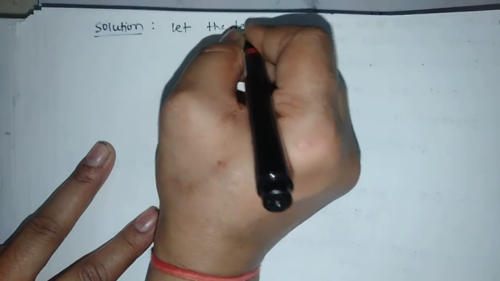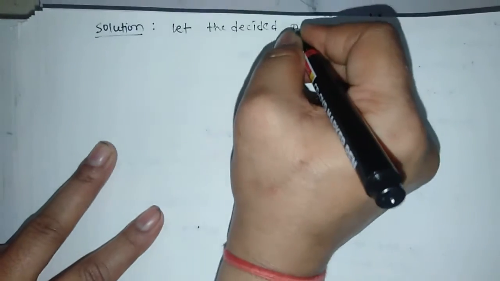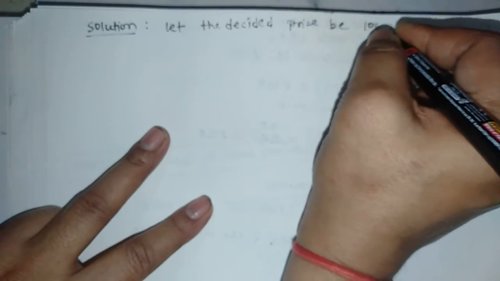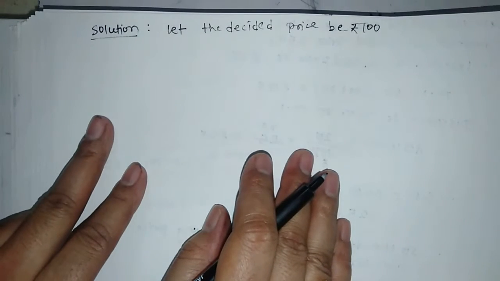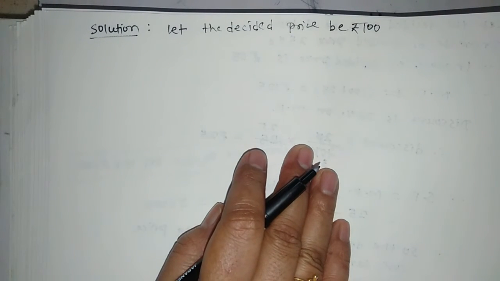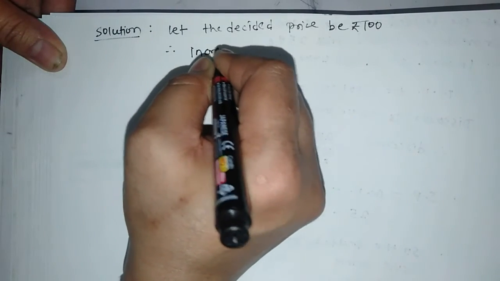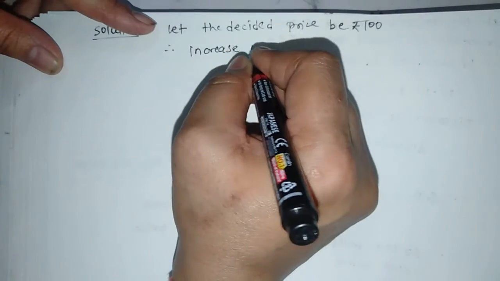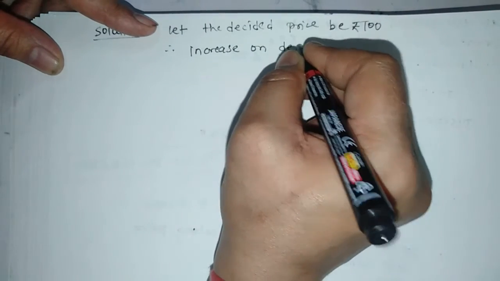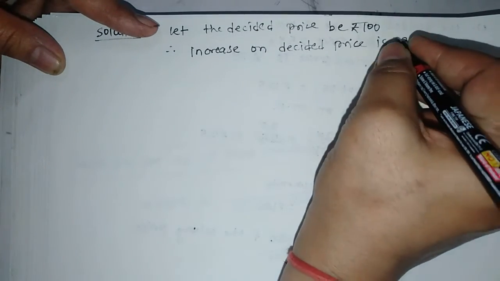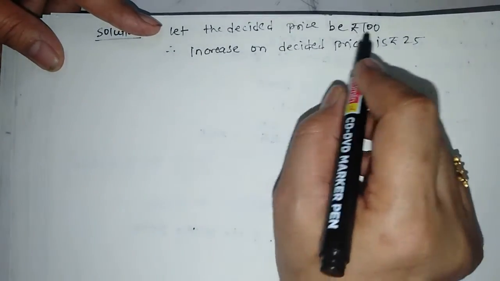So see the solution. So suppose the decided price be 100 rupees. So how much percent we increase on the decided price? Yes, 25%. So increase on decided price is 25 rupees because percentage is 25%.